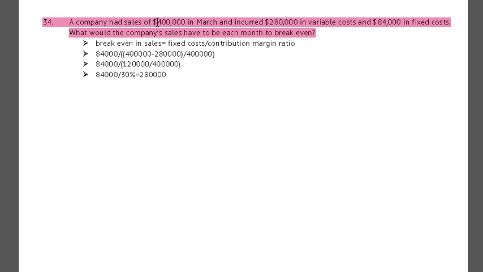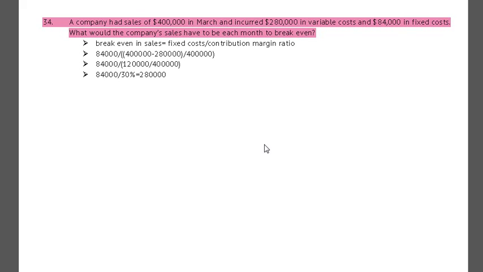So 400,000 minus 280,000 gives us 120,000. Now we divide that by 400,000, and that's going to give us a 30% contribution margin ratio.